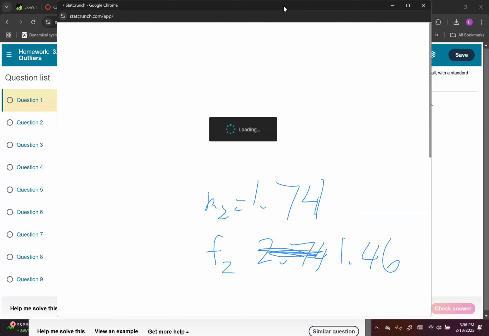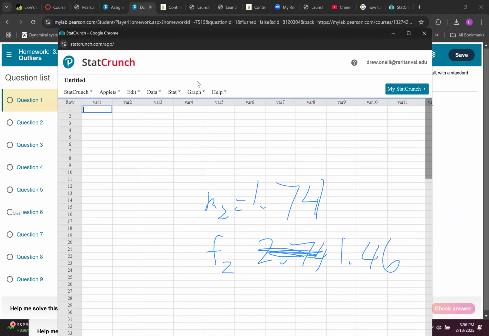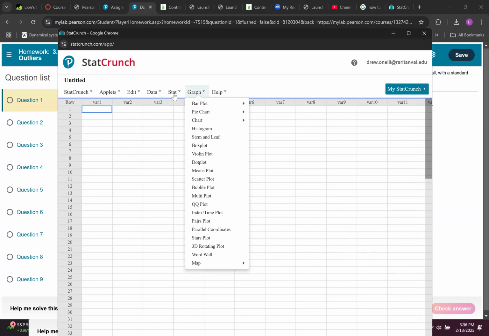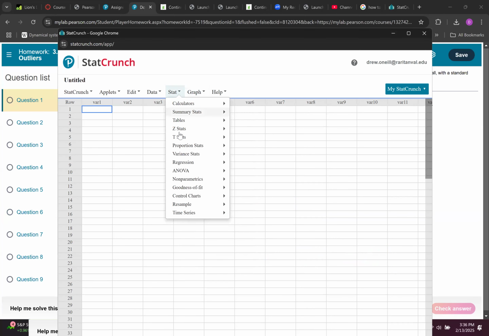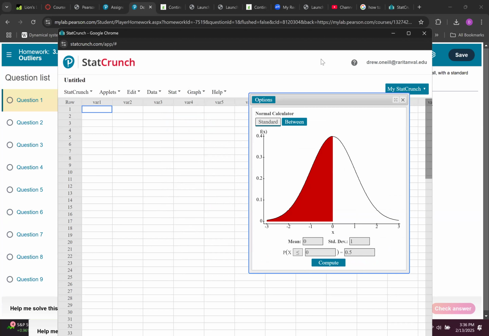Okay. So essentially when we're in these types of things with z-score, we're talking about a normal distribution. So we go to Stat, Calculators, Normal. Okay, so here's what we do. Let's say we want to calculate the z-score for a male.